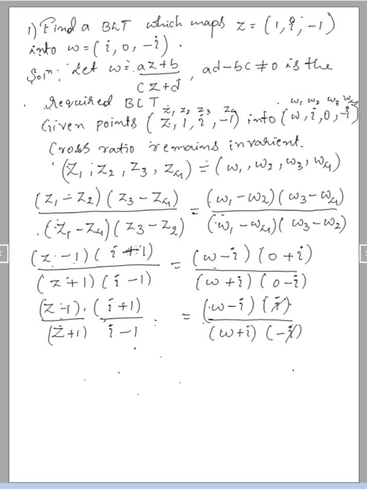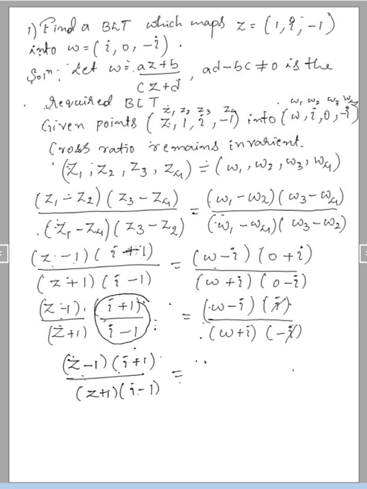Either we can simplify this, or we can expand it. I am going to expand, just cross multiply the terms. First write down the terms we are left with: Z minus 1 into I plus 1 divided by Z plus 1 into I minus 1, which is equal to W minus I divided by, with negative sign, minus of W plus I. Don't forget the negative sign here.